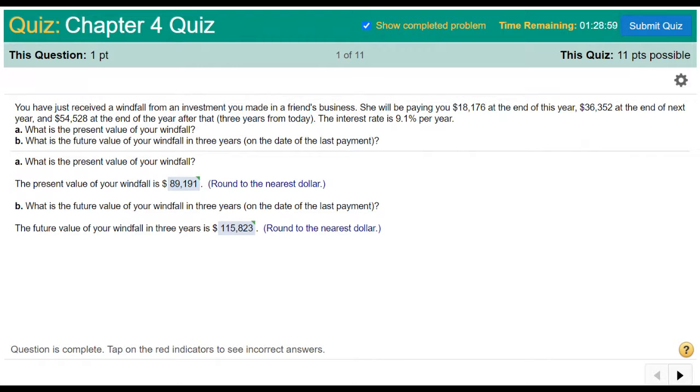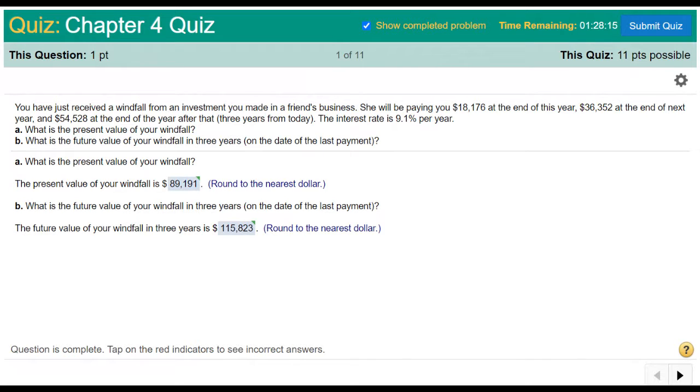And then we add them together. On the first one, N equals 1, IY equals 9.1, payment is 0, future value is 18,176, and then compute for present value. Put that to the side. Second one, N equals 2, IY equals 9.1, payment is 0, future value is 36,352, compute for present value.